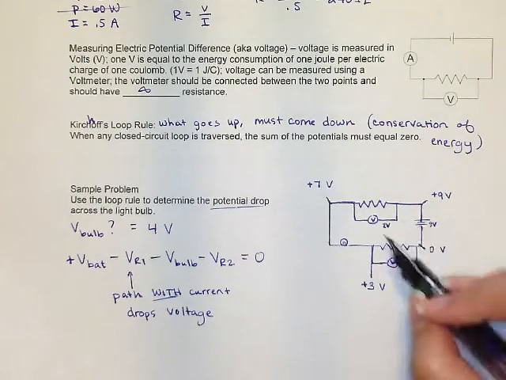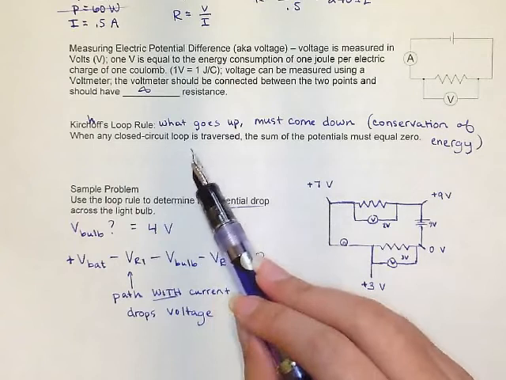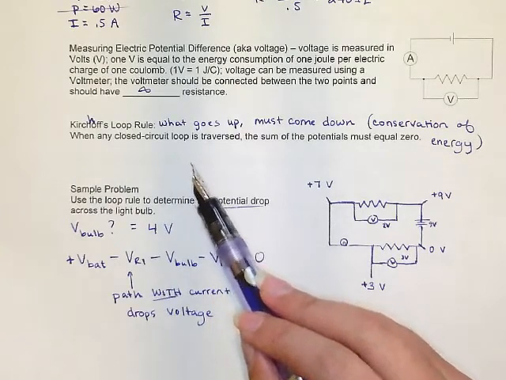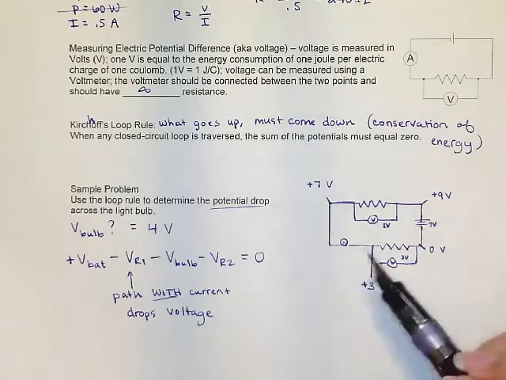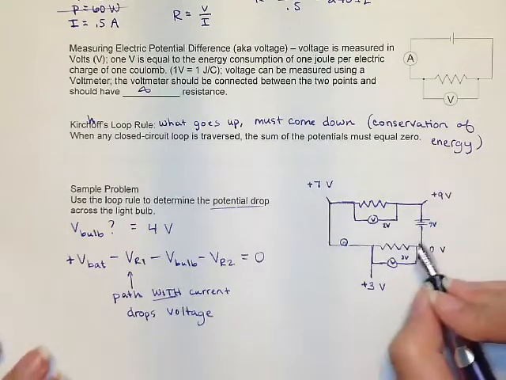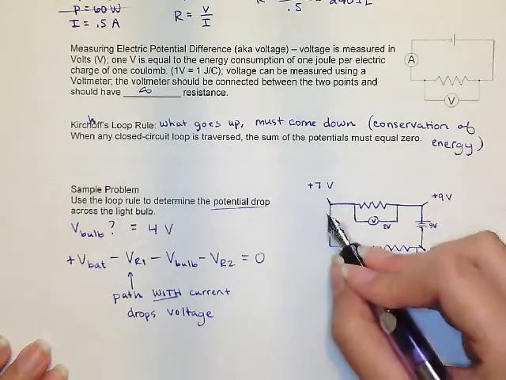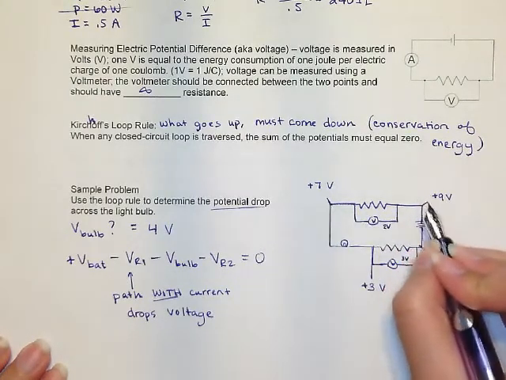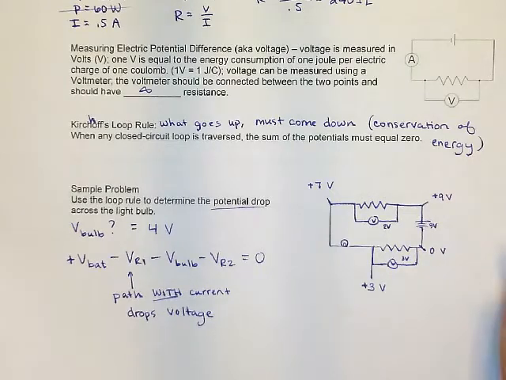You can pick whatever path you want, because Kirchhoff's loop rule says that any closed loop should have a sum of potential equal to 0. So you could run this whole thing backwards. You could climb up this resistor, up this light bulb, up this resistor, and then step down the battery, and you'd still end up with 0 as your answer.